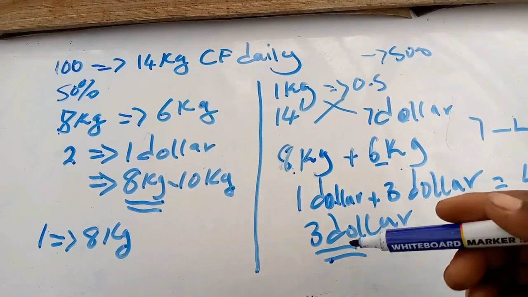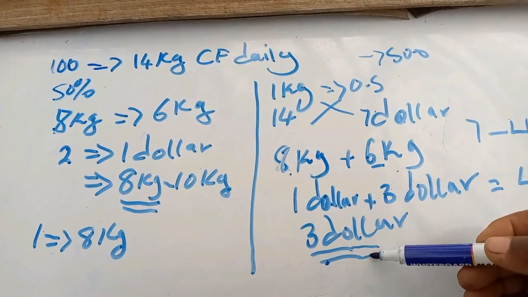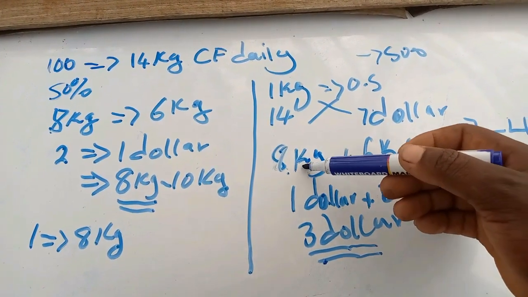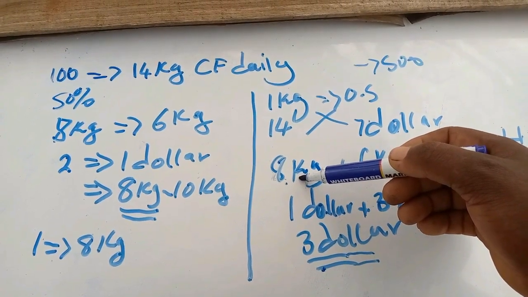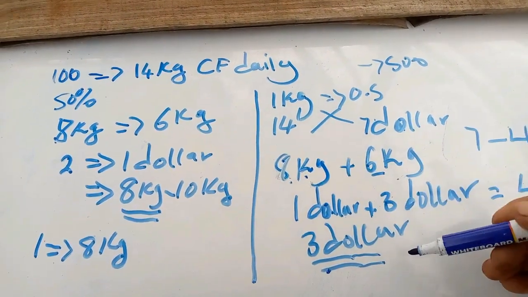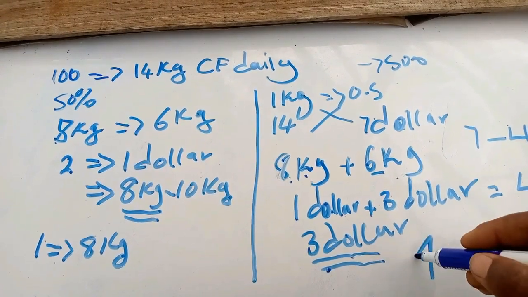Now, besides saving all this, the fodder has a lot of benefits. Production must go high.